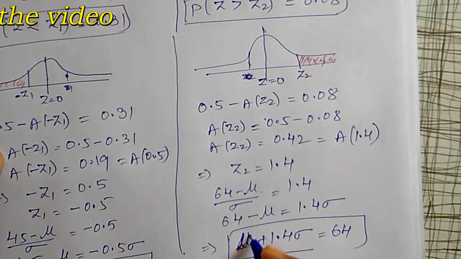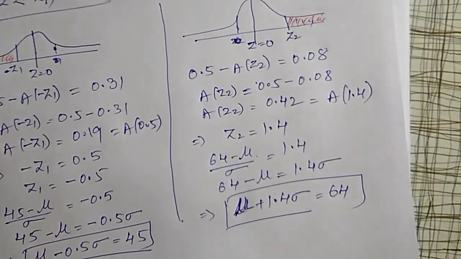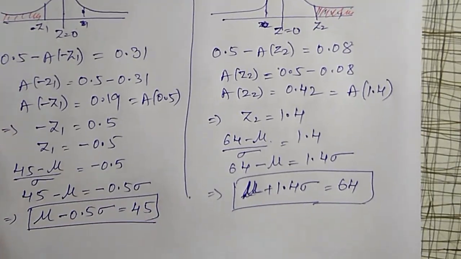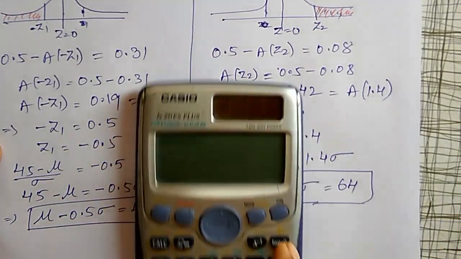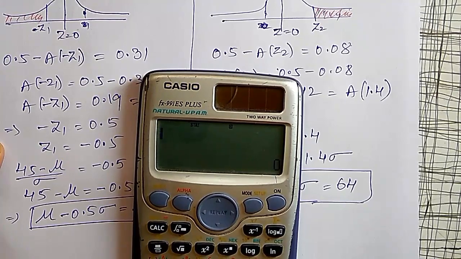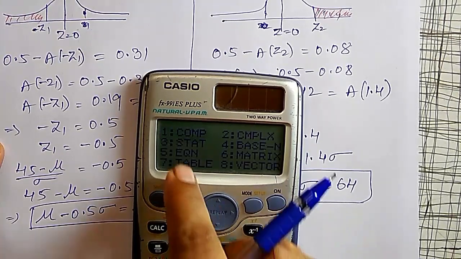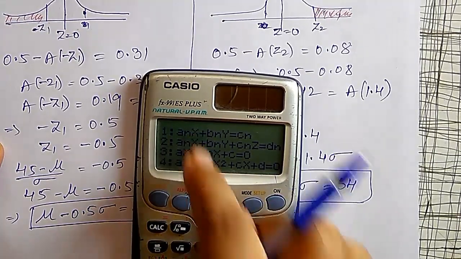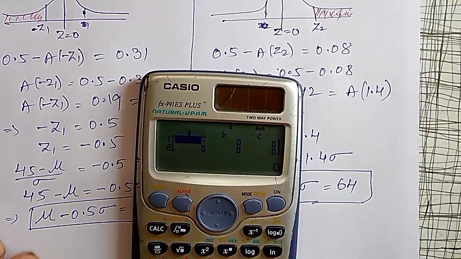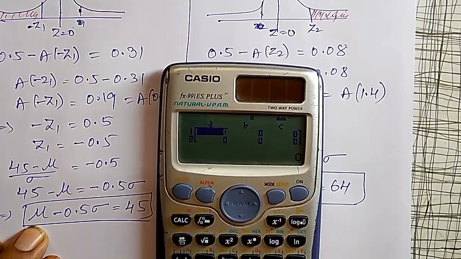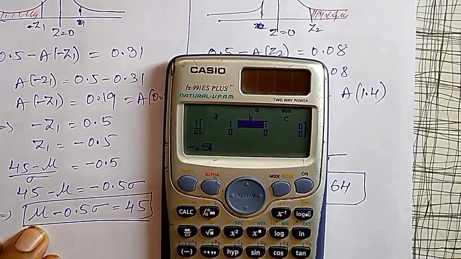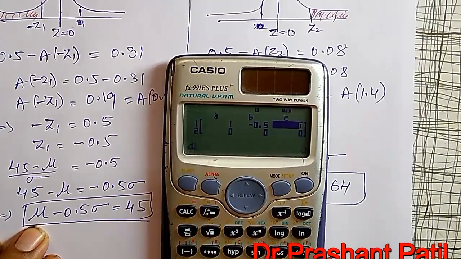There are two equations with mu and sigma. These two equations I have to solve using a calculator in equation mode. For this, first go to equation mode number 5. In that, the unknowns are 2. For the first equation, the coefficient of mu is 1, the coefficient of sigma is minus 0.5, and the C value is 45.